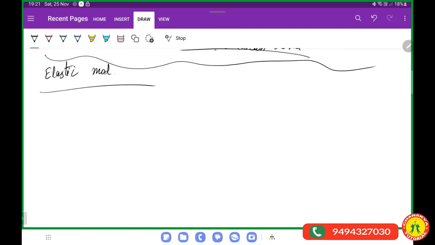Moduli is the plural, right? Now, elastic modulus: this modulus depends upon the main thing, the nature or property of the material which is used.